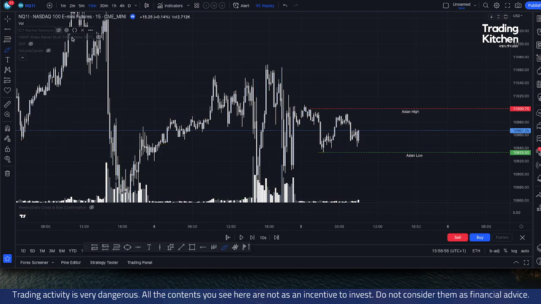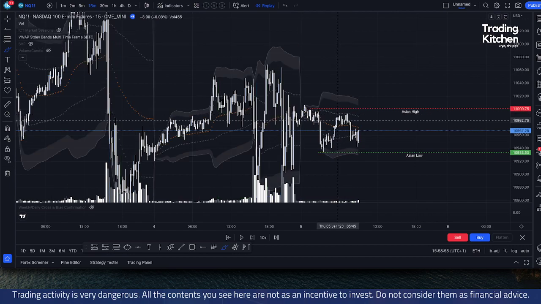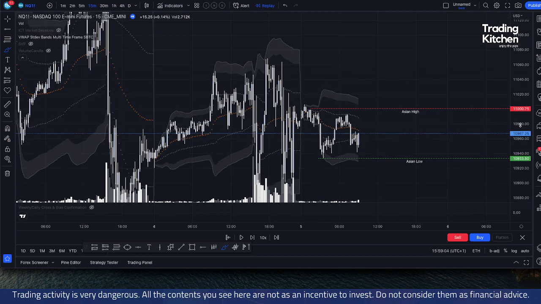The second indicator is the VWAP. I didn't use the VWAP here on TradingView because, as I told you, I have the volumetric trading platform, so I just added this indicator for you. My only use of the VWAP is with the second standard deviation band.